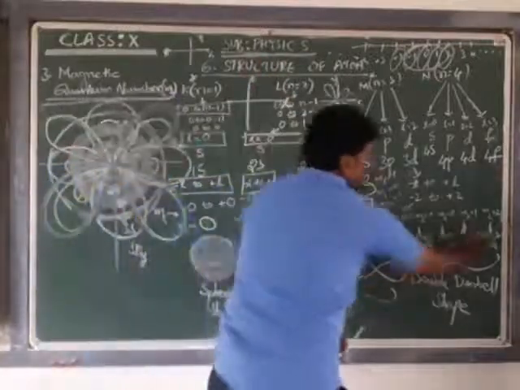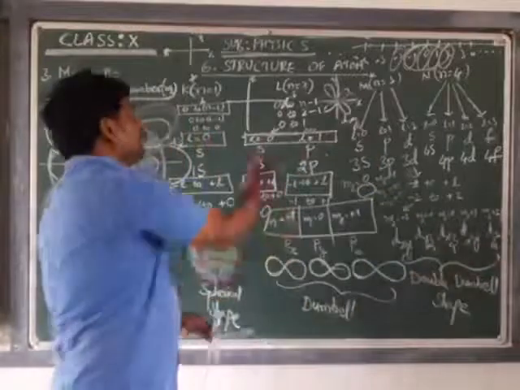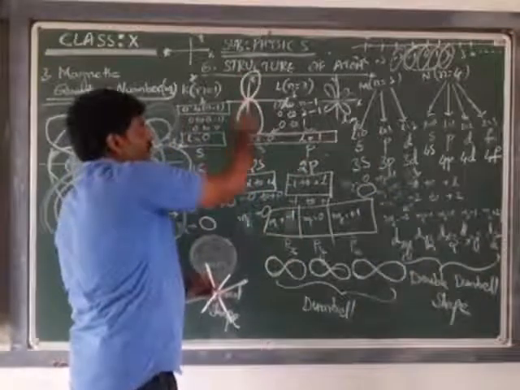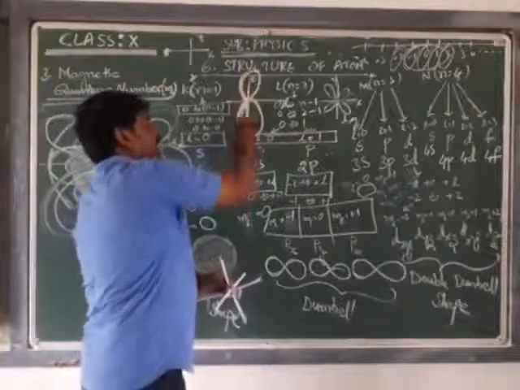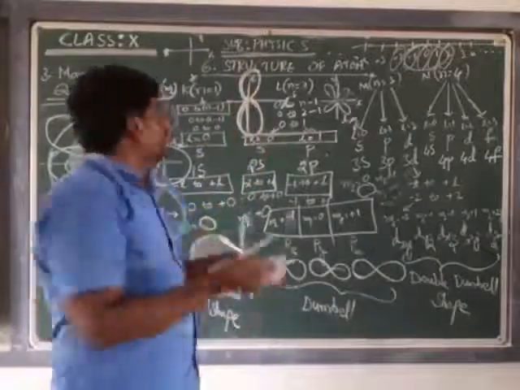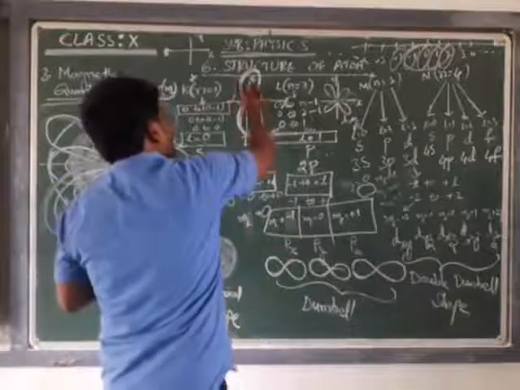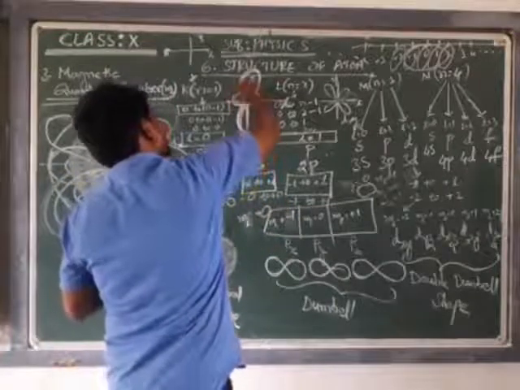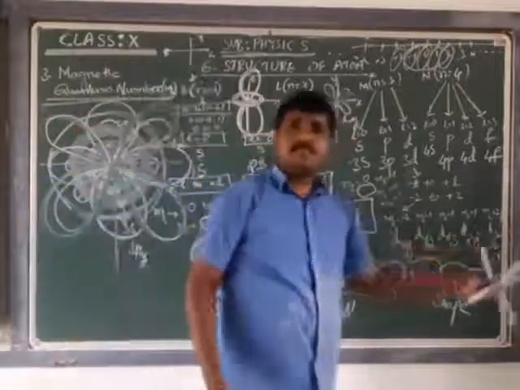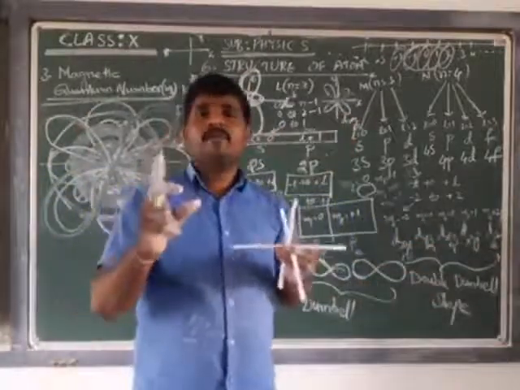How to draw dz square: one dumbbell will be allotted along the z axis, and there will be a circle which is accommodating x and y. In dz square, there will not be any double dumbbell.